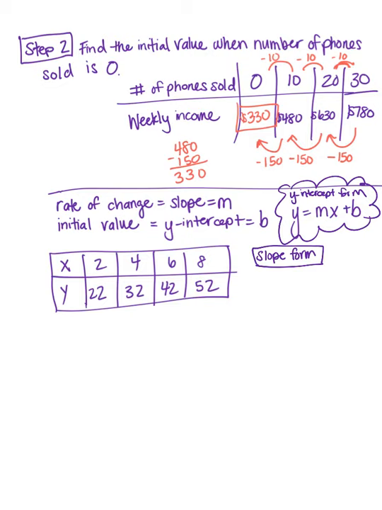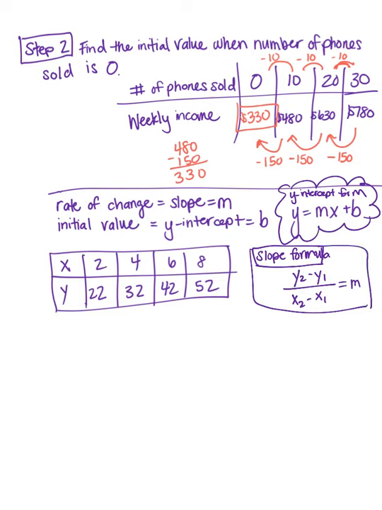The difference in our y's over the difference in our x's. I just said the opposite. You knew what I meant. Okay, that equals our slope. So that's slope formula.